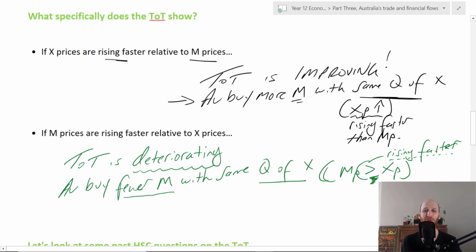So even though I've put greater than here, it probably really shouldn't be greater than. It's not that import prices are necessarily larger, they are rising faster than export prices. Okay, so very important to know these two situations.